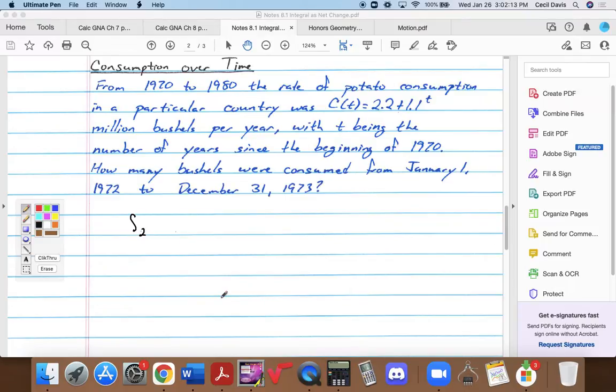We're going to go through all of 1972 and all of 1973, so this will be to 4 of C of T dt. What if one's a leap year? Matters not.